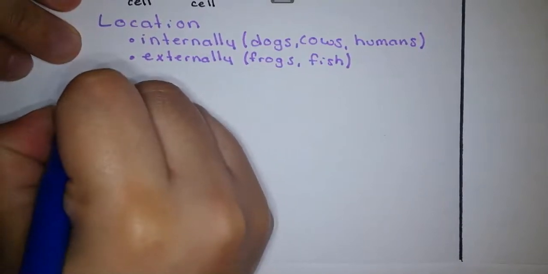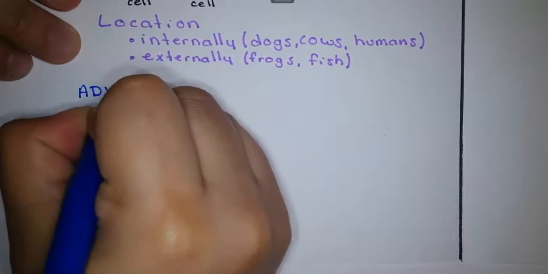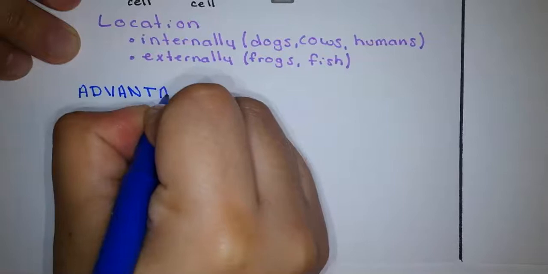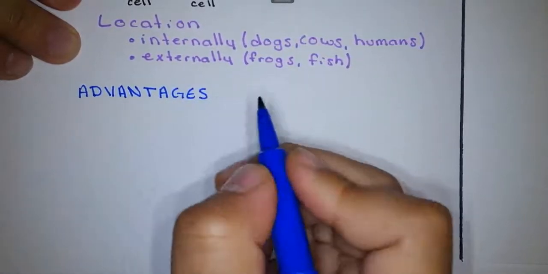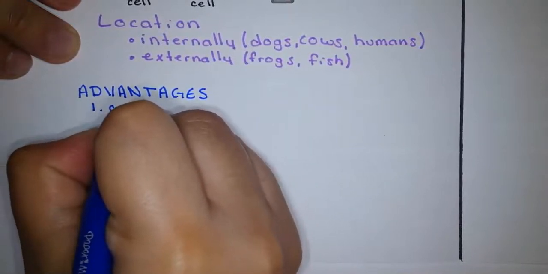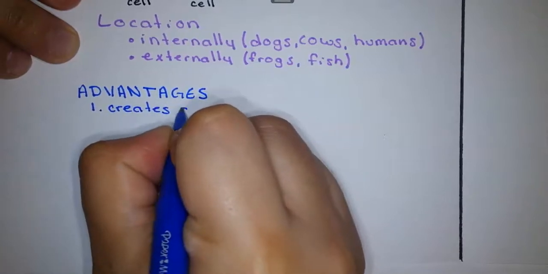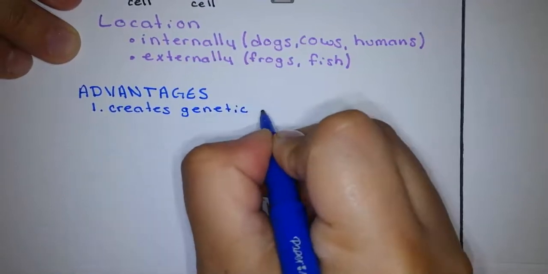So an advantage, or advantages, would be it creates genetic diversity.